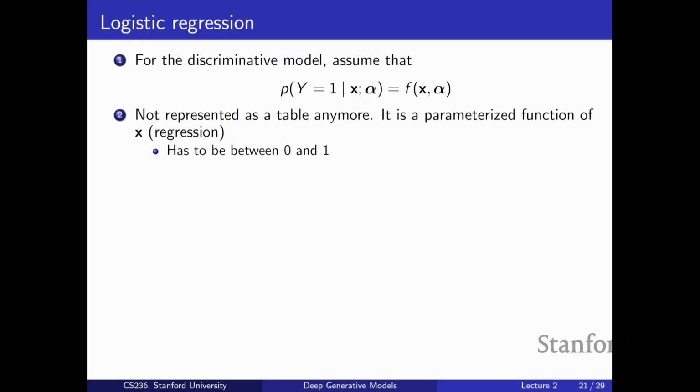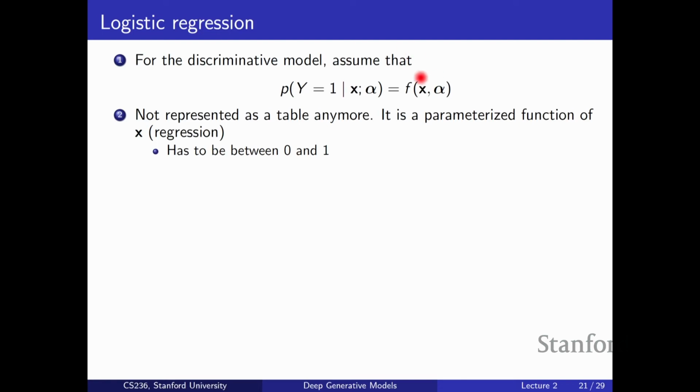And it's not an arbitrary regression problem, because what we're doing is trying to map these x's to conditional probabilities. And we know that a conditional probability is a number that has to be between 0 and 1. In spam classification, x is a bunch of indicators of whether different words appear in the email.